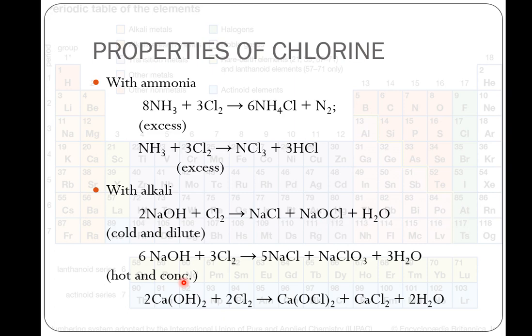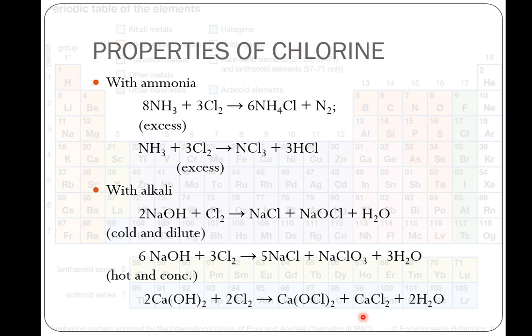However, with hot and concentrated alkali, it gives NaCl, NaClO3 and water. With dry slaked lime, that is calcium hydroxide, it forms bleaching powder Ca(OCl)Cl, calcium chloride and water.